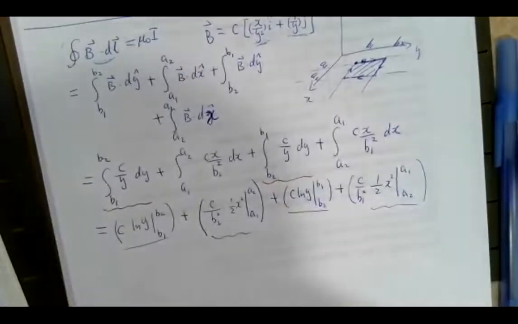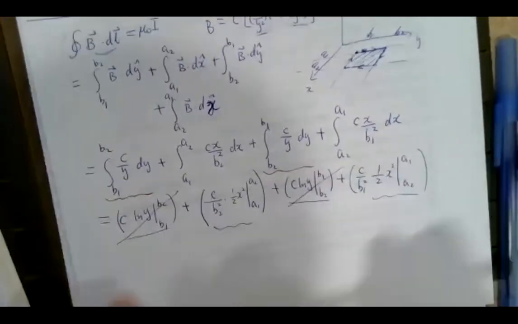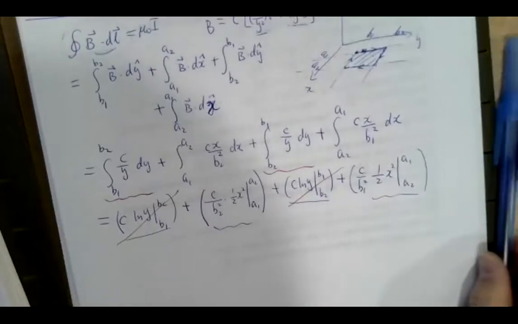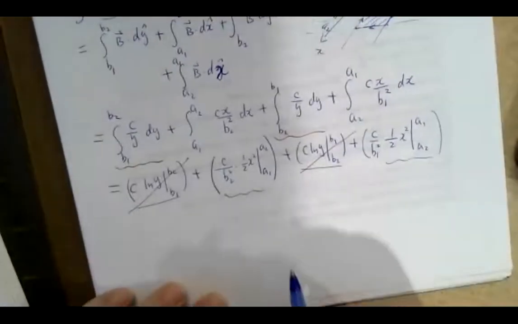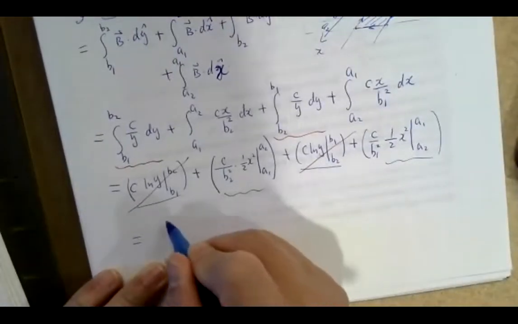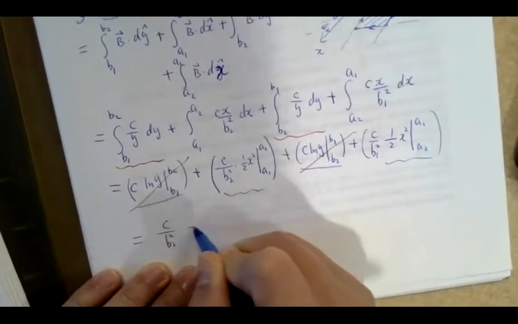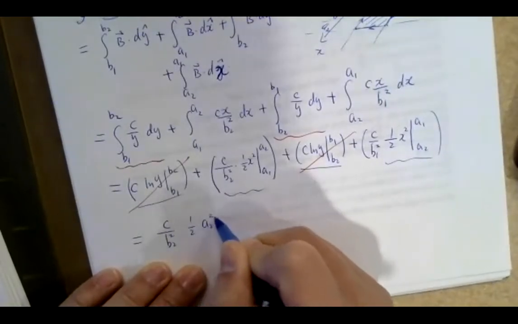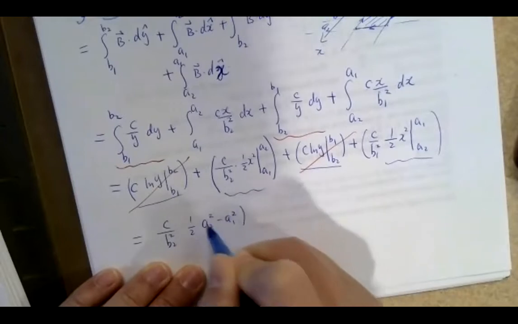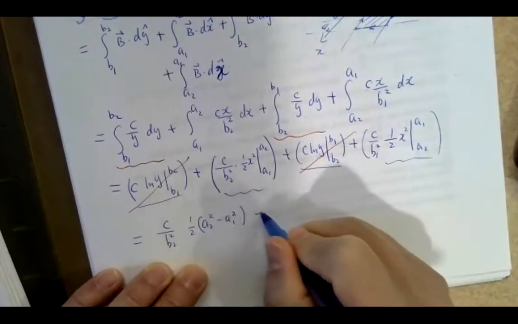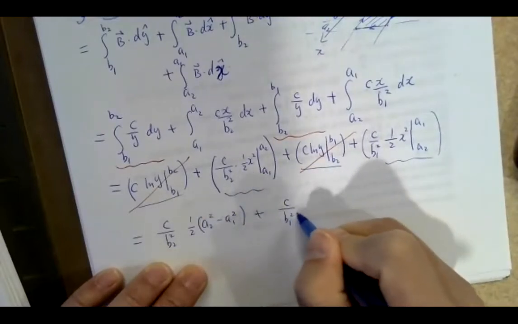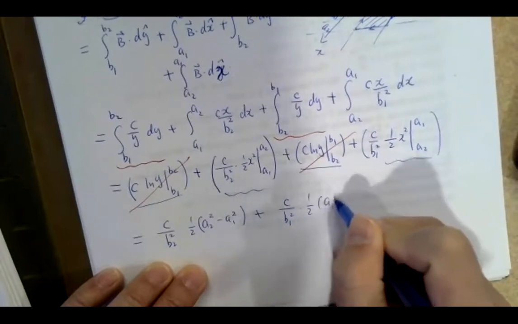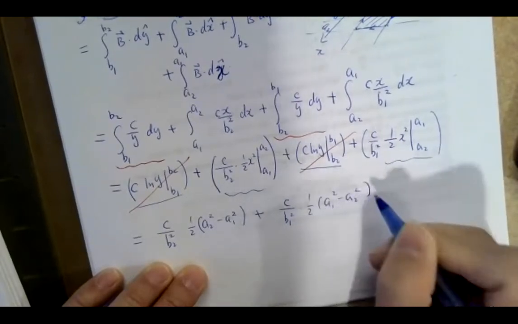So we only have one cancellation. The other one will not cancel out. That would be C over B2 square 1/2 of A2 square minus A1 square, okay? On this guy, plus C over B1 square times 1/2 of A1 square minus A2 square.